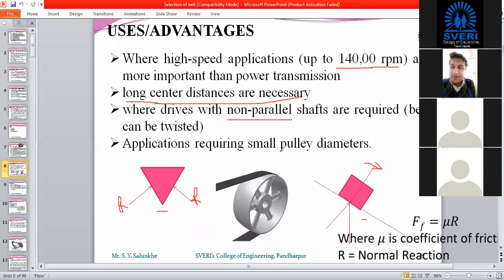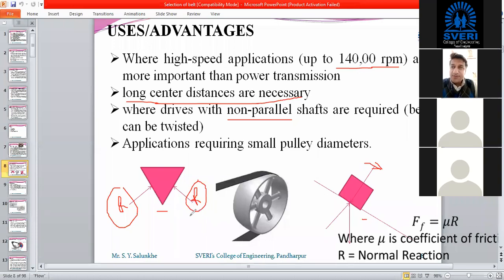So we went to the root cause and came to know that the pulleys were not inline. There was a slight difference between the driver and driven pulley, and that's why the belt was getting failed. That was related to this normal reaction and force application.